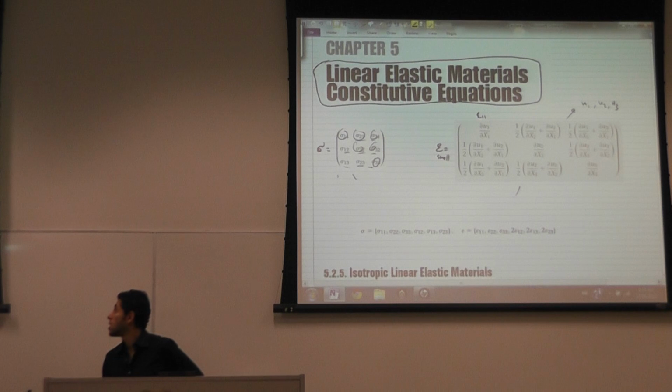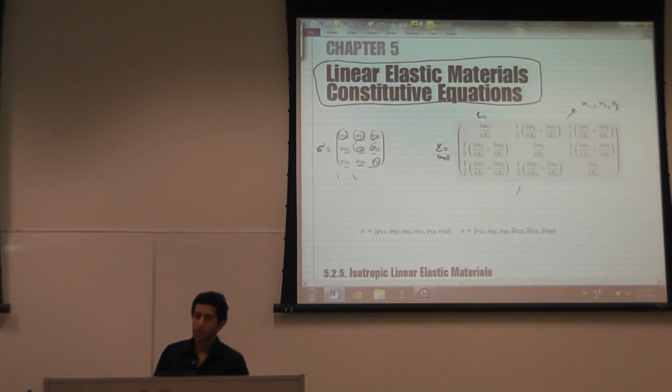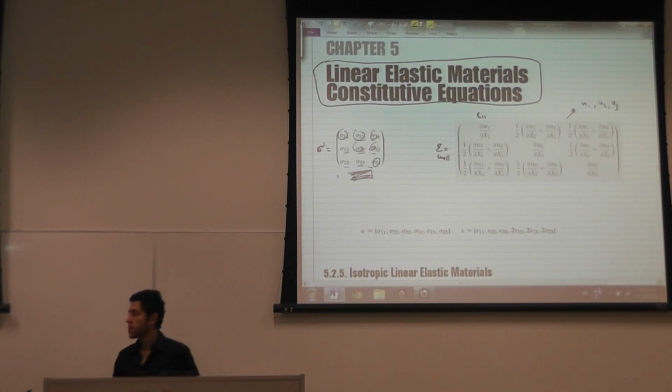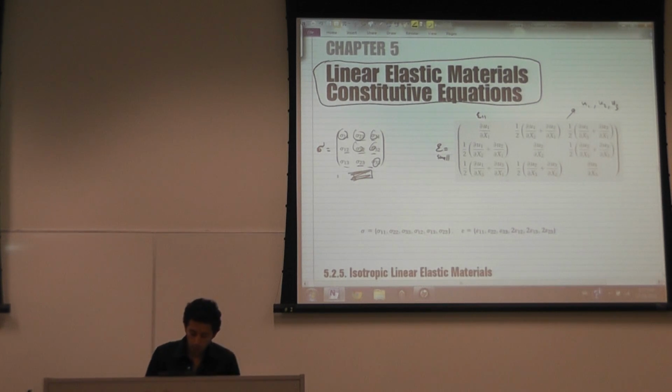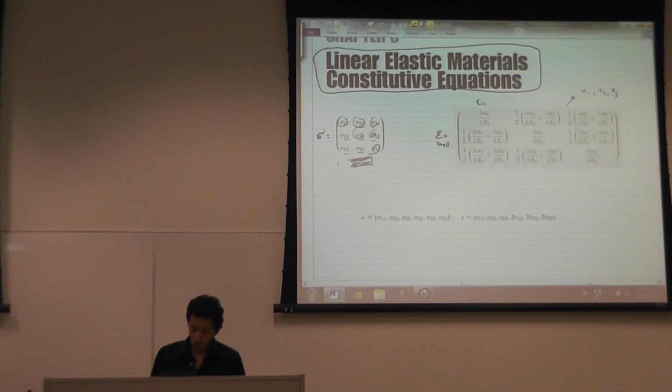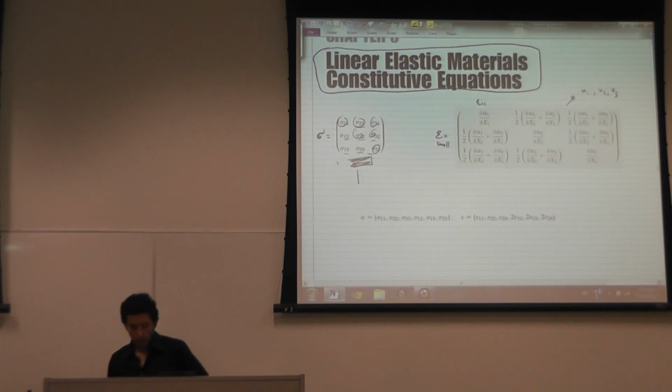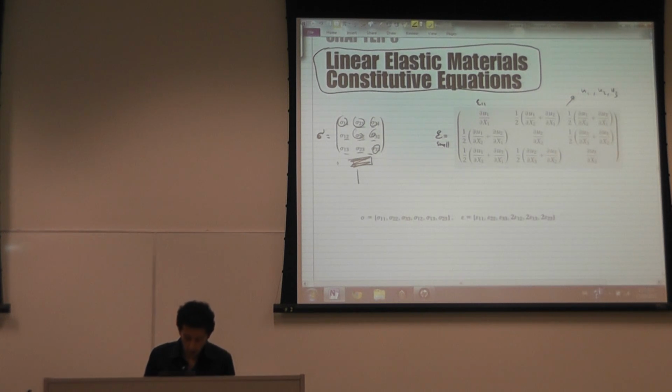And for simplicity, now we know that this is a stress matrix, and this is a matrix, and this is a matrix. But for simplicity, it has always been presented as a relationship between a vector and a vector. So basically, I take the matrix and grab the 6 unknowns and form a vector of unknowns.